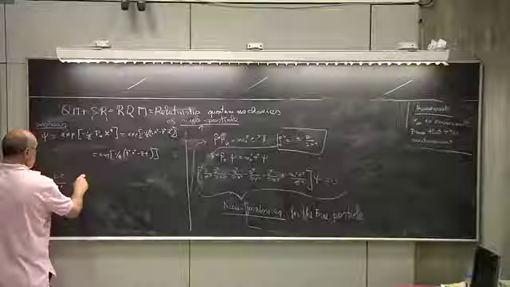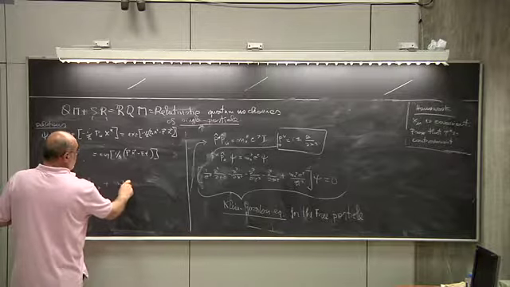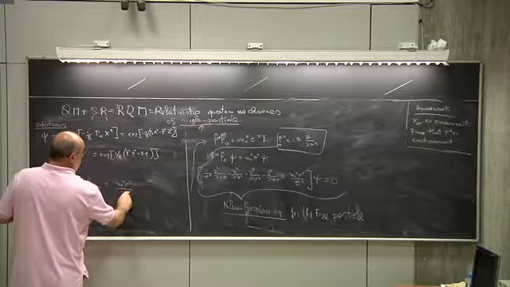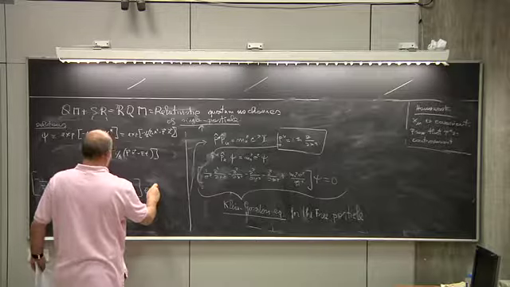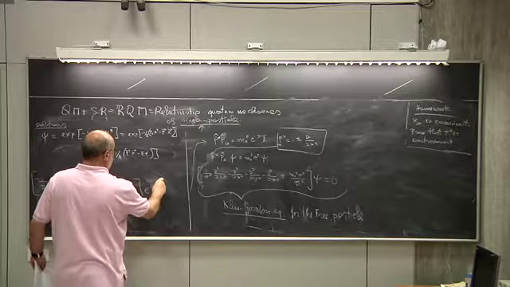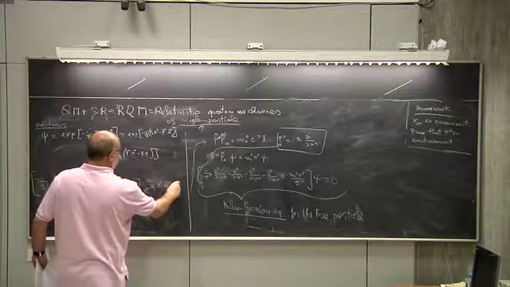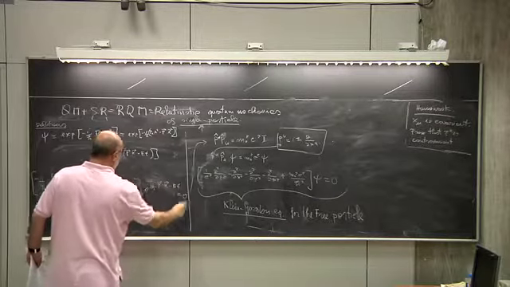And then the last term, 1 plus m squared c squared over h squared, multiplied by exponential i over h bar (px minus Et), equals 0.